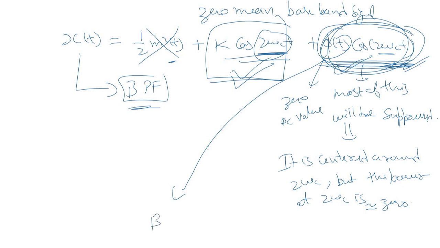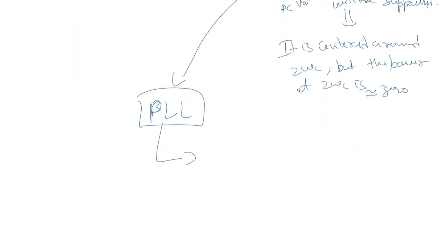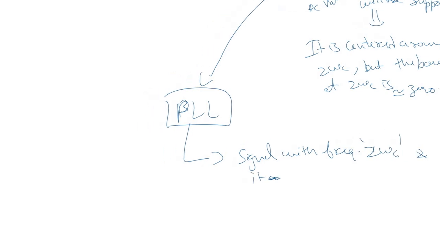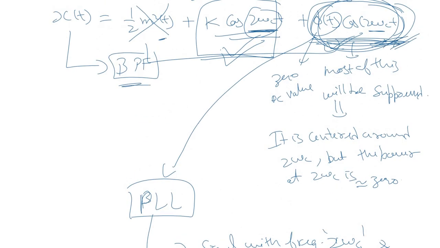Okay, so once we pass this entire signal through PLL, the resultant will be a signal with frequency twice of omega c, and it eliminates the undesired components, which is the slight portion of the third component, right?